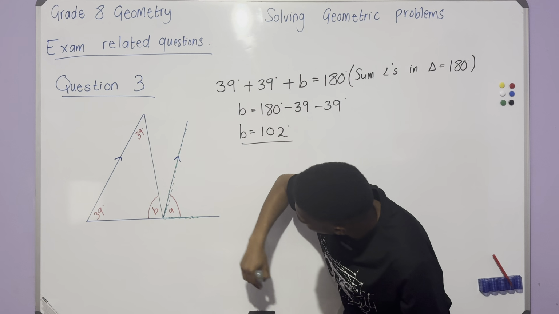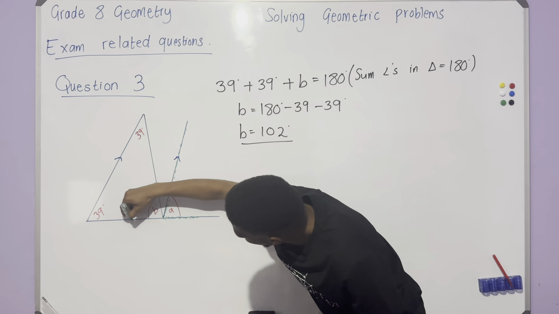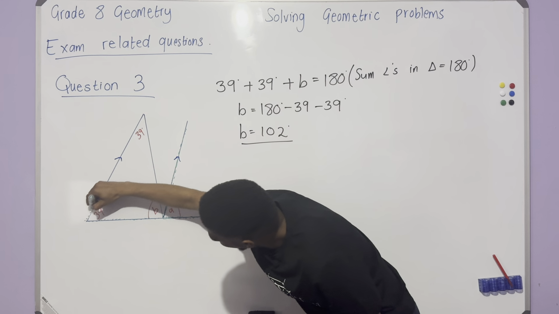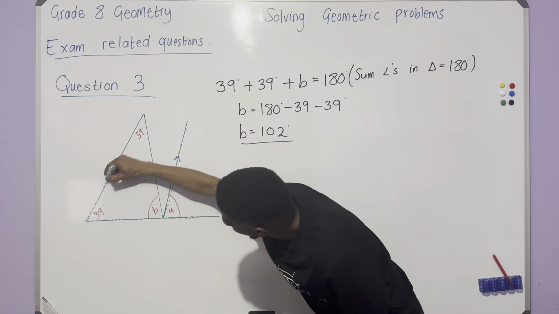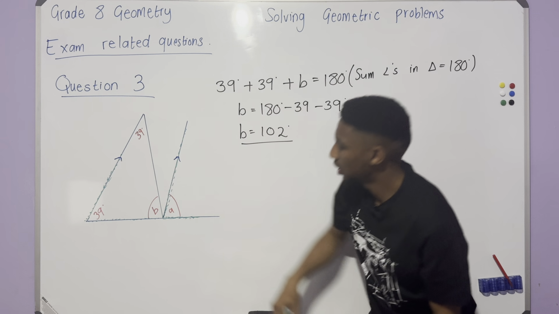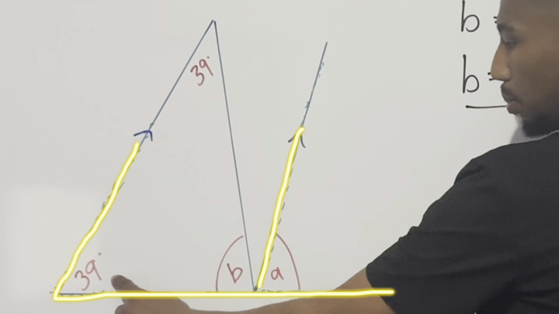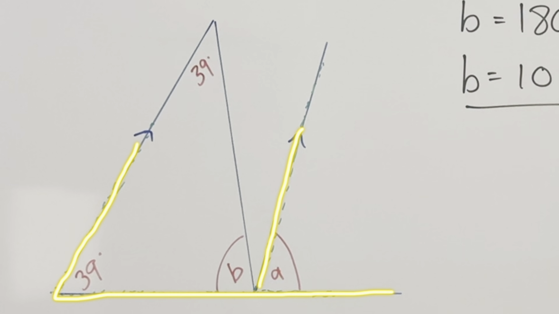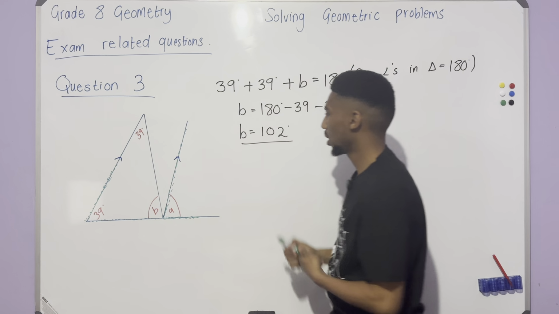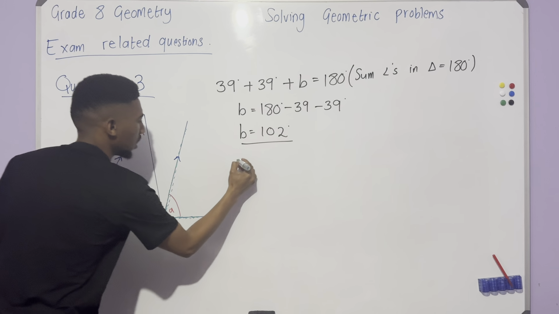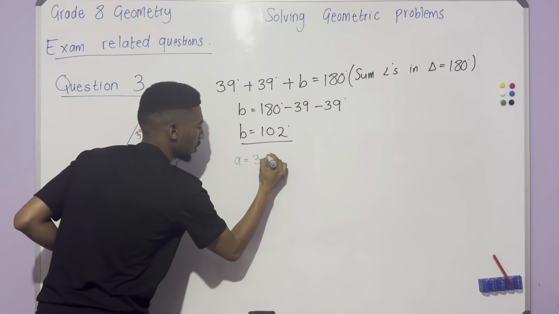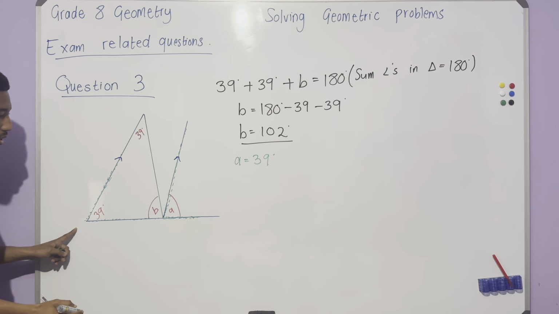And you can see that if you continue going on this line and make a known angle that you know, you have now created the letter F facing upwards, with the angles being below the arms of the F. Okay, and we can say that A is equal to 39 degrees, right?